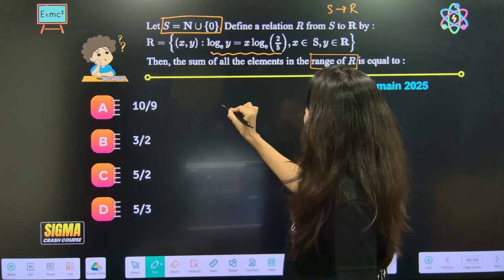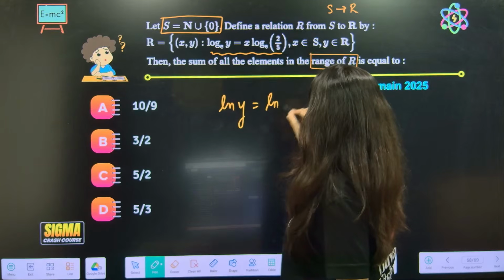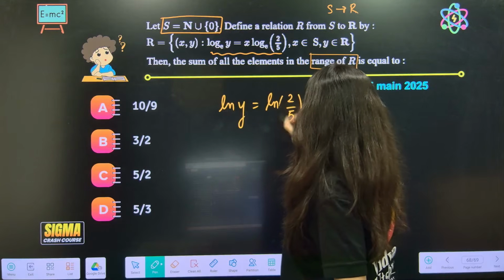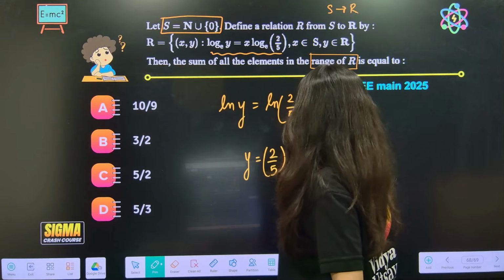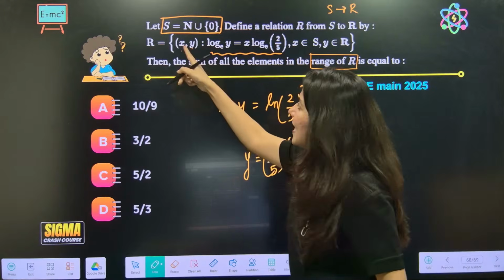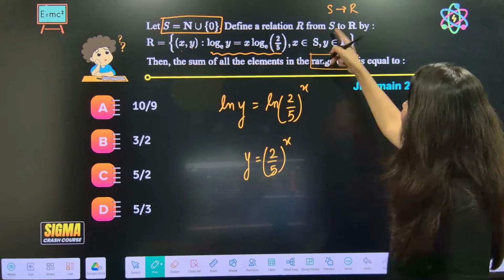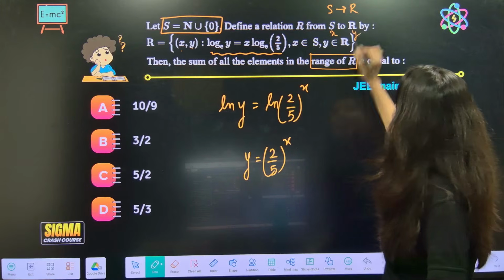So this is something which you need to focus on. ln y equals x ln (2/5). So that means y equals (2/5) power x. So here (x, y): x will come from set number 1 and y will come from set number 2.